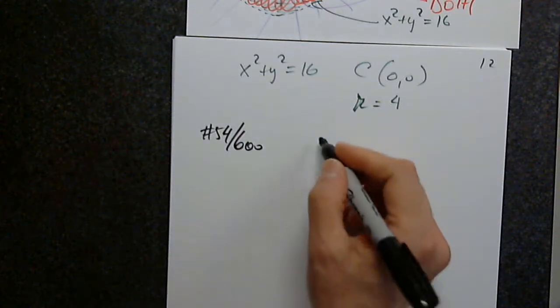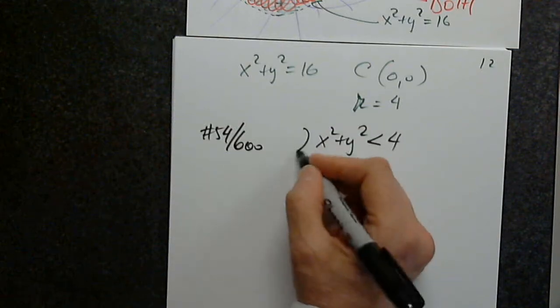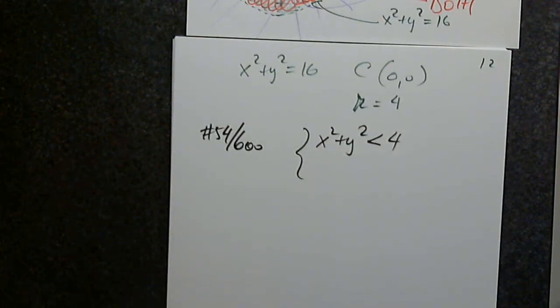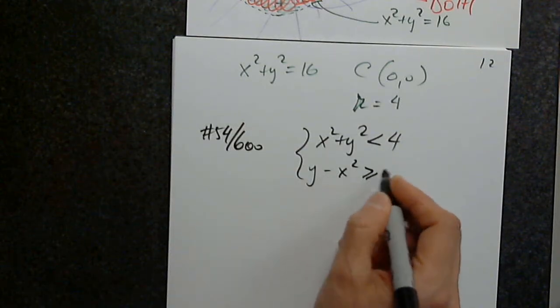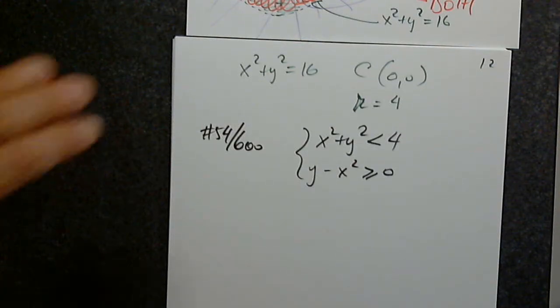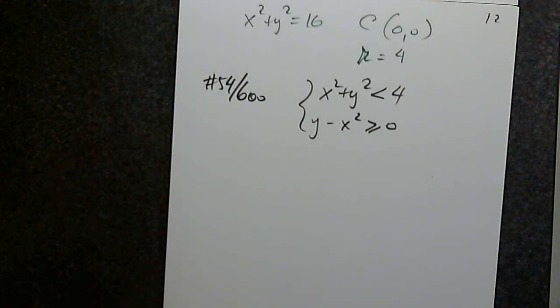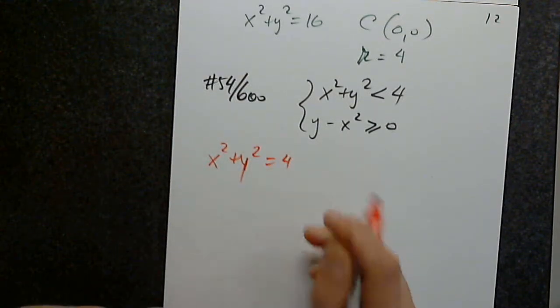We have x squared plus y squared less than 4, which is pretty straightforward. And we have y minus x squared greater than or equal to 0. Okay, the first one will take very short time, right? Because we have already x squared plus y squared equals 4.